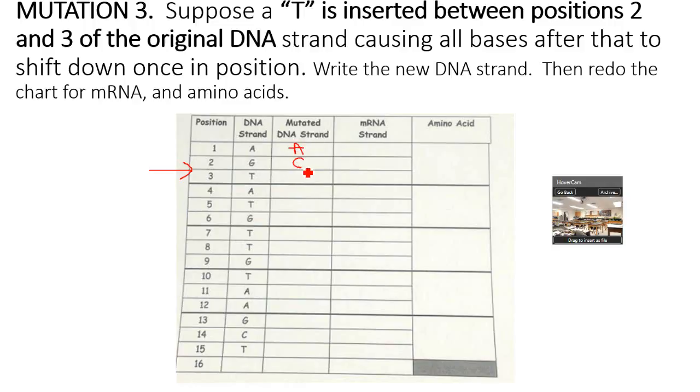You're going to have a G, but then we're sticking in a T. At first it looks like it's the same, but by sticking a T in there, you notice this is a frame shift going down. This is going to shift all of these going down.